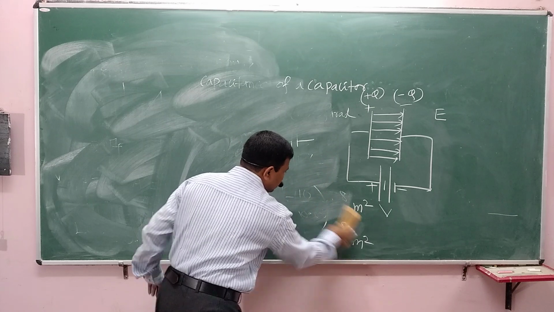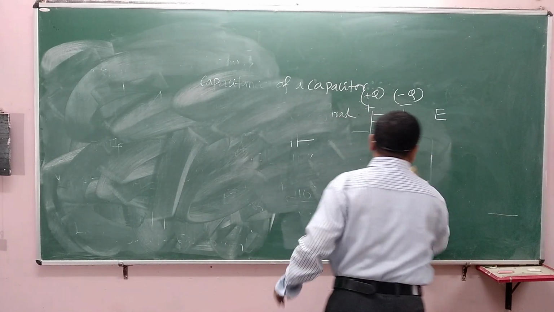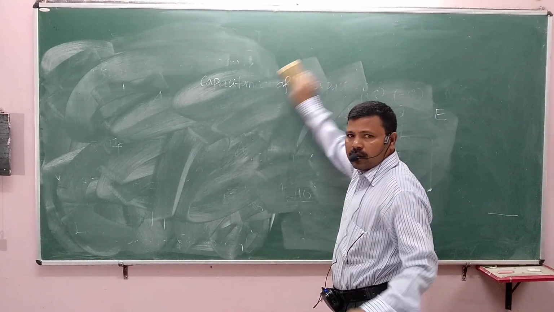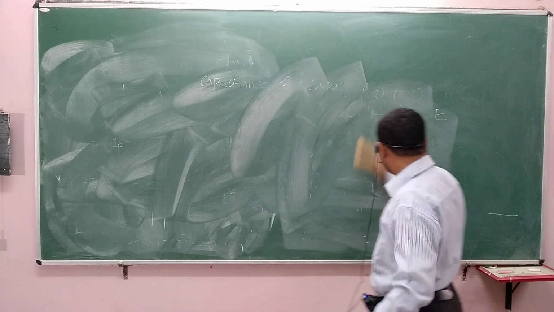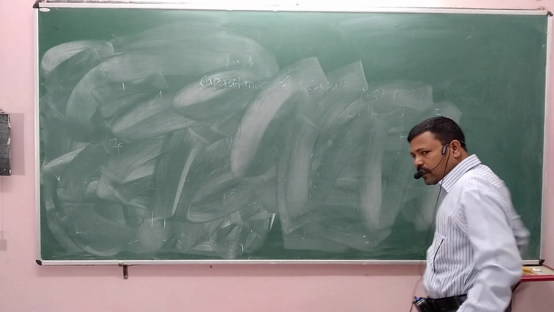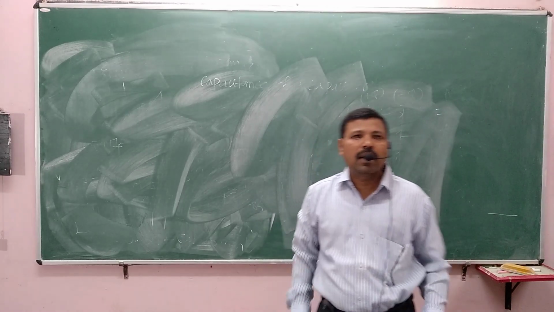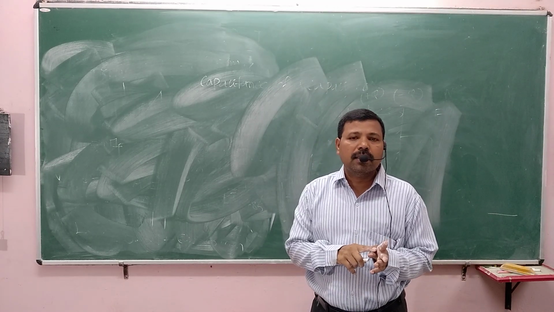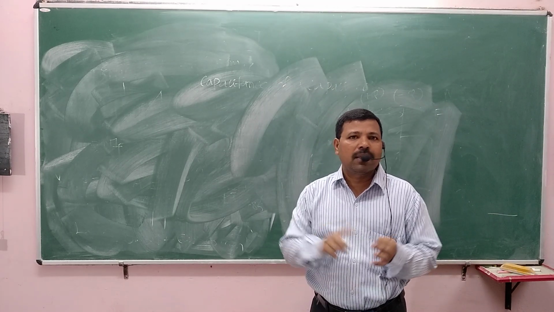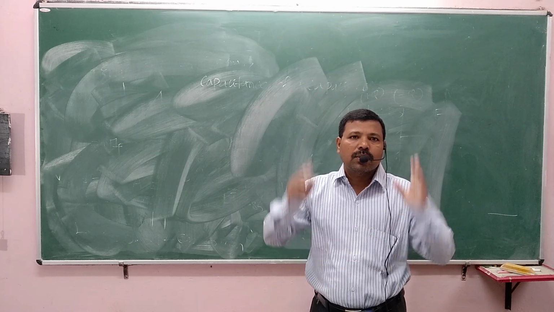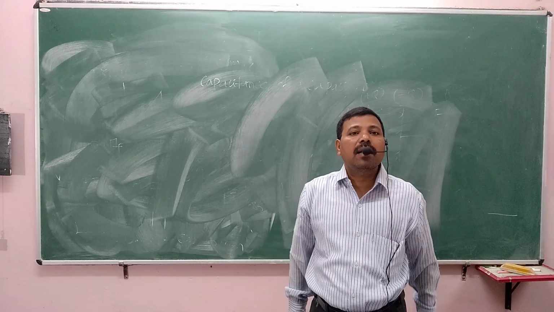Types of capacitors. In capacitors, there are three types: parallel plate capacitor, spherical capacitor, cylindrical capacitor. So let us discuss parallel plate capacitor.